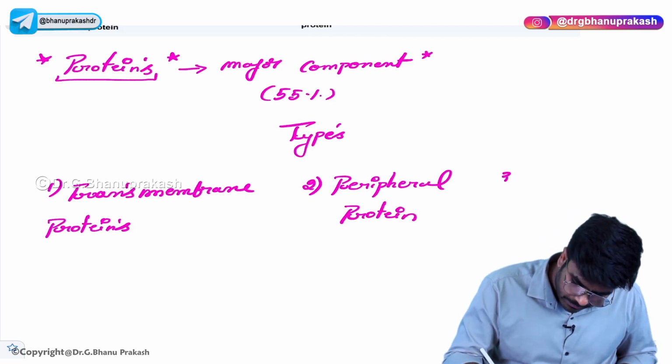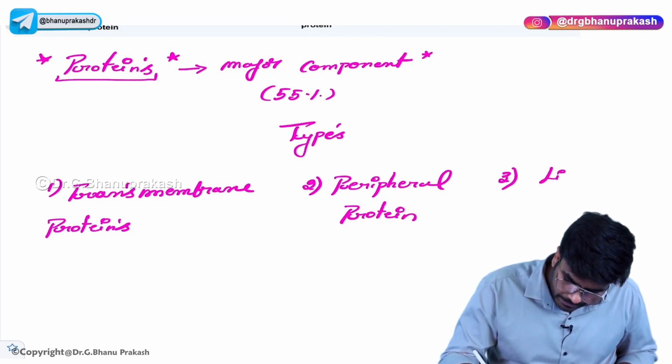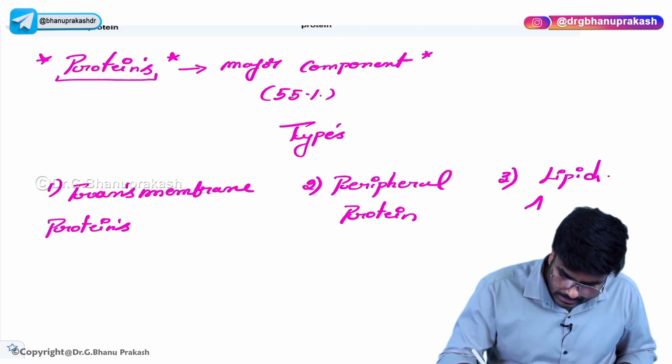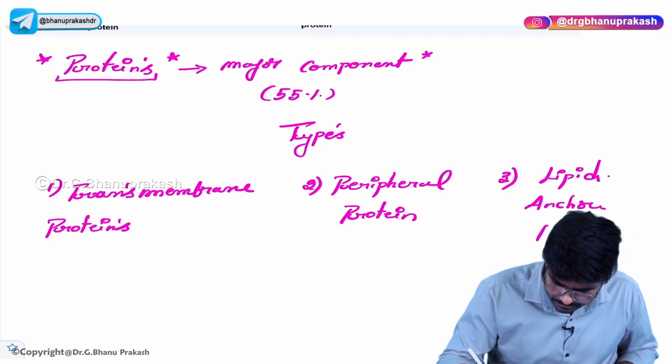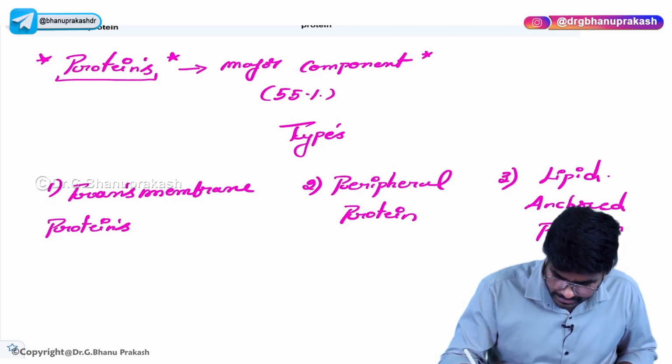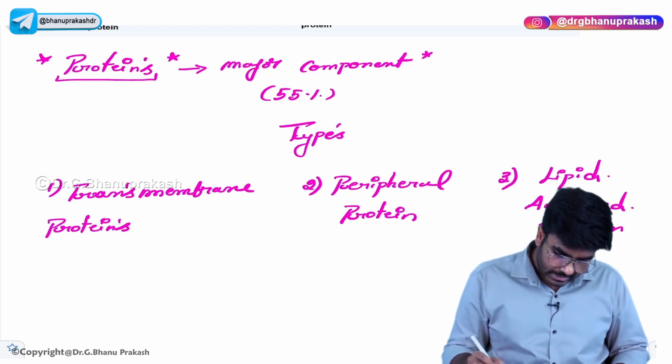And the third type includes lipid anchored proteins. Lipid anchored proteins, three different types of proteins.